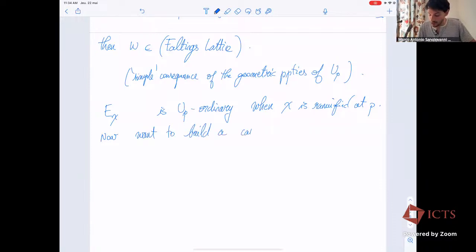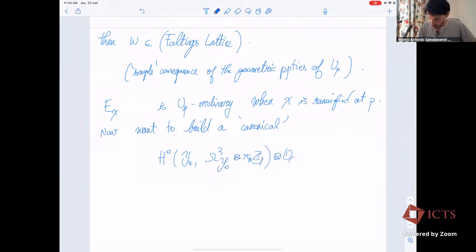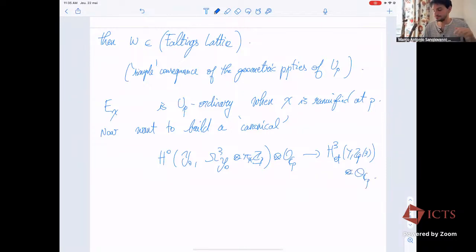A canonical map we will build, functorial in X, so that it is Hecke equivariant, from H0 of Y naught, omega 3 of Y naught, so this is just the Faltings lattice, Z_p tensored O_Cp, to the H3 étale of Y Z_p3, O_Cp.